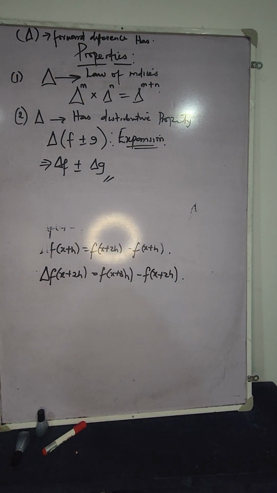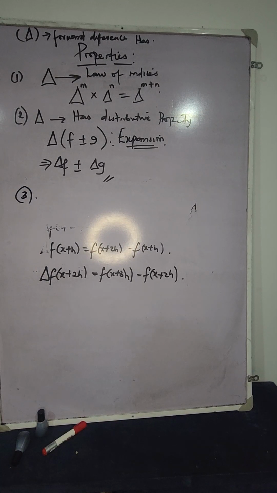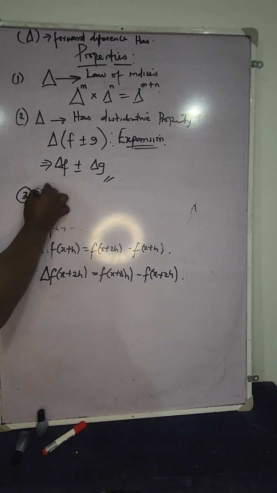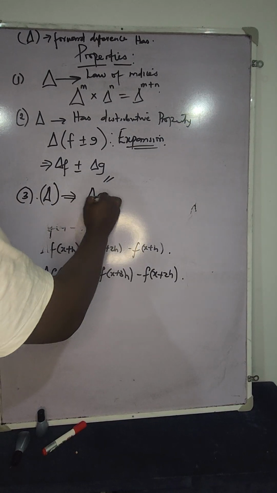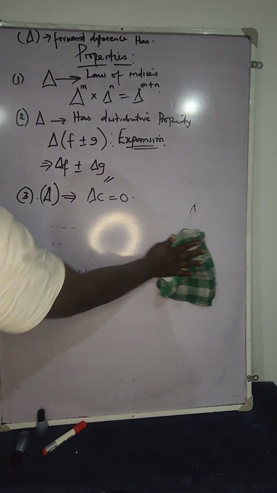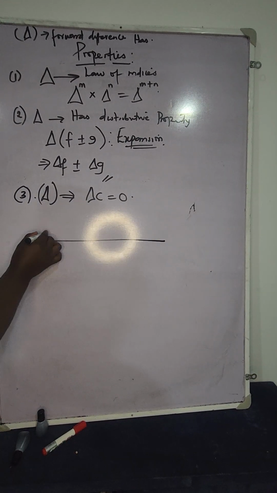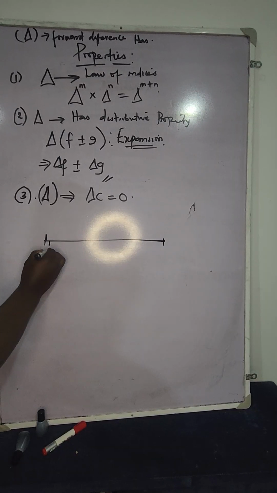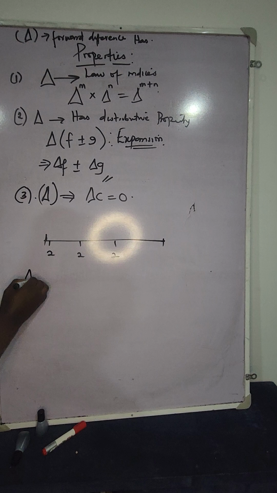So now the third property of a forward difference is that the forward difference of a constant is equal to 0. So imagine that we are on a number line like this, and I put here 2, here 2, here 2, and I say what's the forward difference of 2?